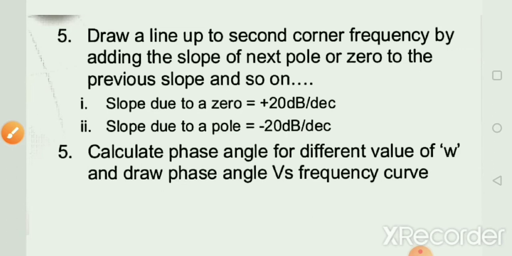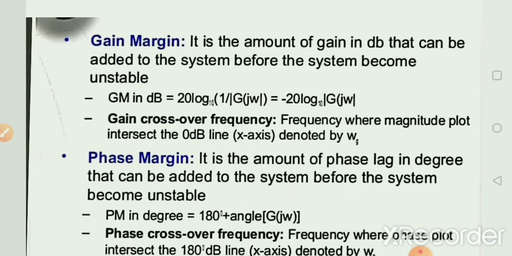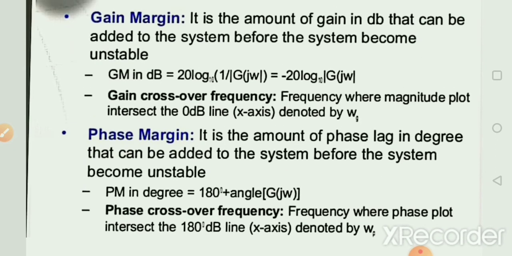We put the omega value in the expression, and by this we can draw the omega versus phase angle graph, because by putting in the omega we can calculate the phase angle. By this we can plot the phase plot, and here two terms are phase margin and gain margin.